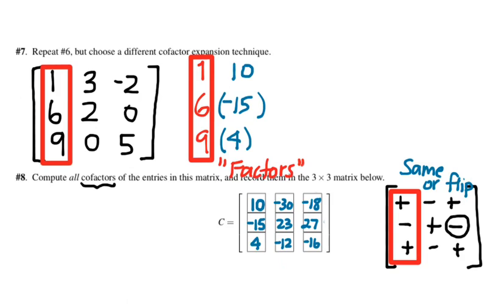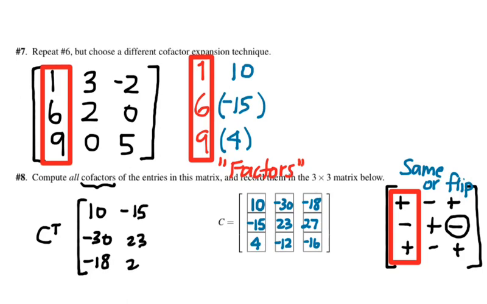Okay. So here we have all 9 of the cofactors of our matrix that we started with. And the real big finish happened when you took that matrix of cofactors and turned it on its ear. So you took its transpose: 10, negative 30, negative 18, negative 15, 23, 27, and then 4, negative 12, negative 16.